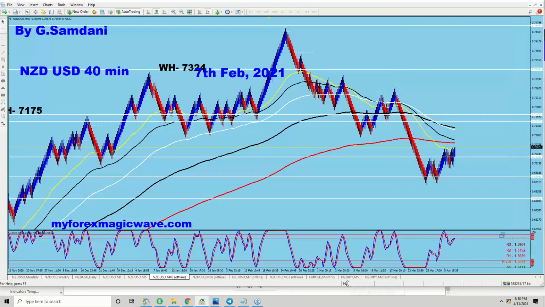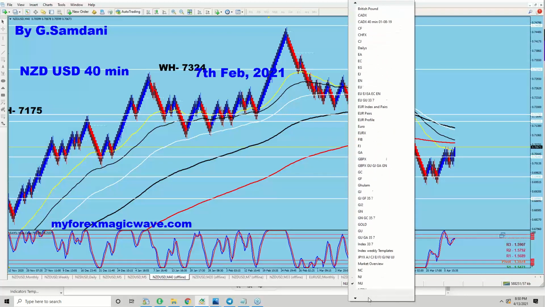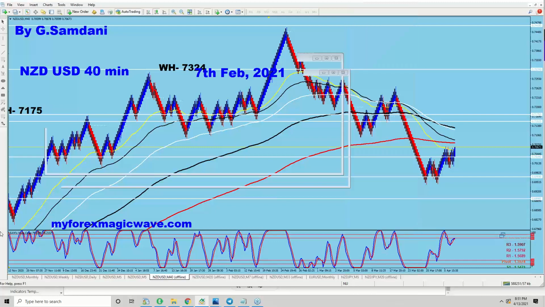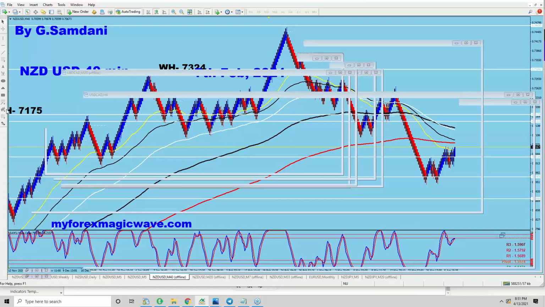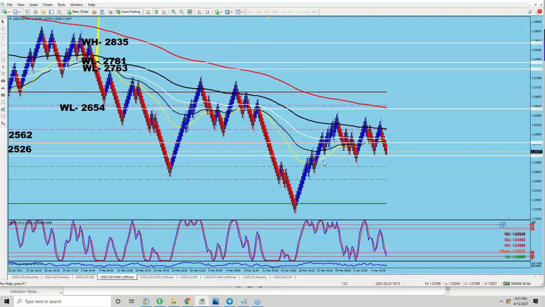Hopefully it will drop. Now USD CAD, we should have a long scenario. Okay, we have one, so that will confirm that we are getting ready for the USD. Well, this is how it is. Big drop all the way down. I made the chart on the 7th of Feb saying that from here we're going to go up, and we are just there.